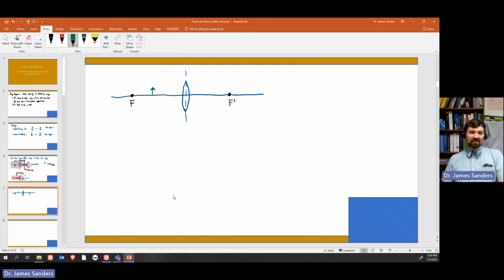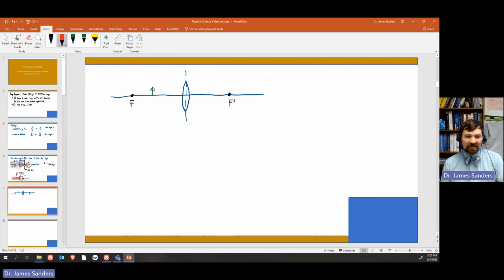Now, the easiest object to deal with is an arrow. And what you do is you draw a ray, and the ray always has to go through the top of the arrow. So all the rays that I'm going to draw are going to go through the top of this arrow. Now, they are defined conveniently.